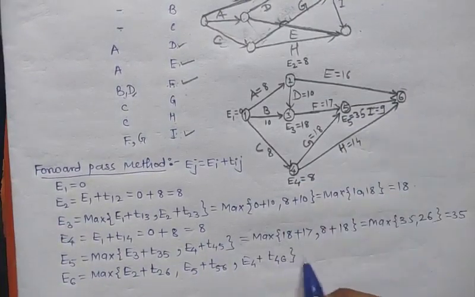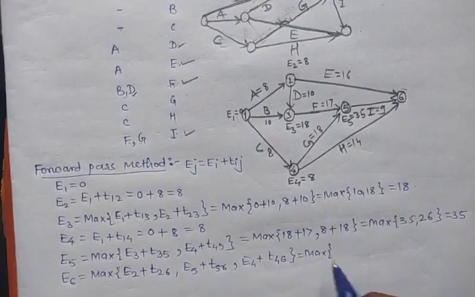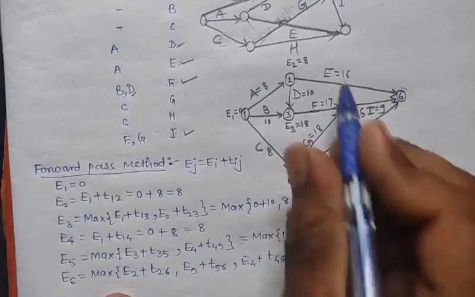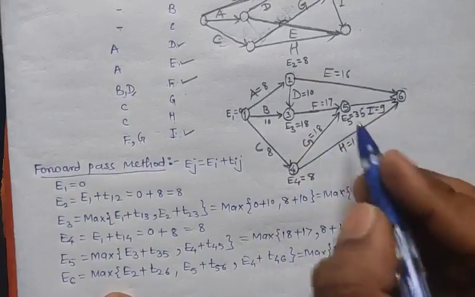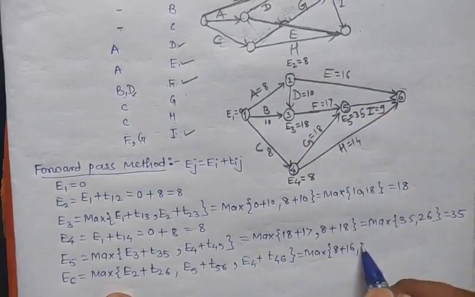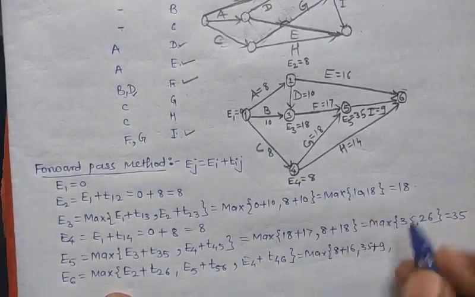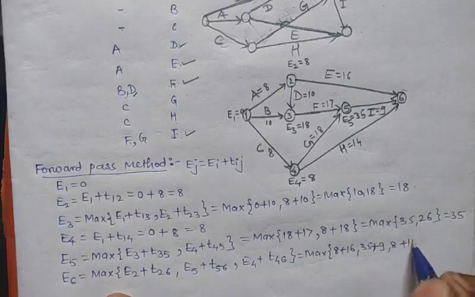So which is equal to the maximum: the value of E2 is 8 plus distance 16, comma, E5 is 35 plus distance 9, and E4 is 8 plus distance 14.